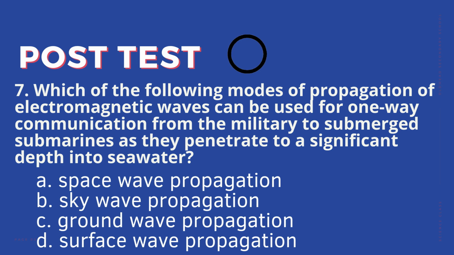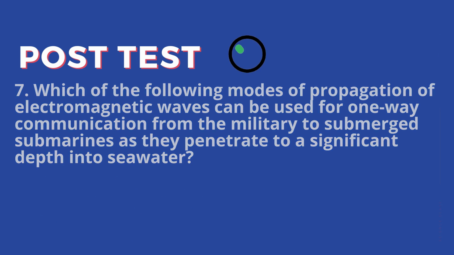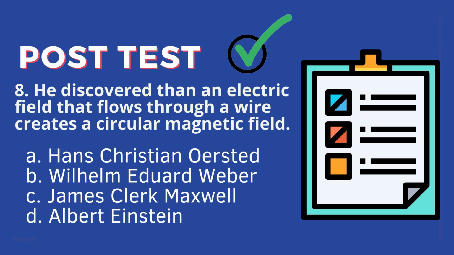D. Surface wave propagation. 8. He discovered that an electric field that flows through a wire creates a circular magnetic field. A. Hans Christian Ørsted. B. Wilhelm Edward Weber. C. James Clerk Maxwell. D. Albert Einstein.